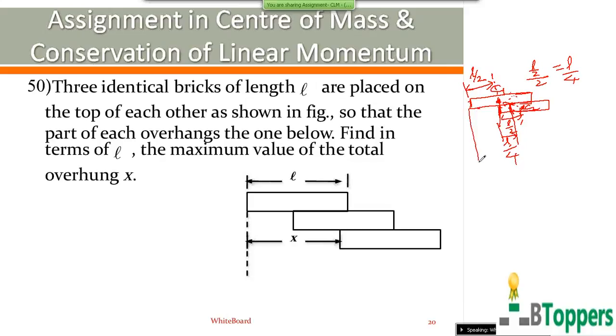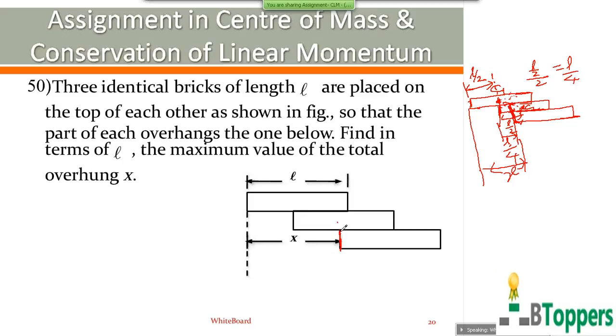Therefore, the maximum value of x for which the blocks can stay in equilibrium is when the center of mass of the system of the top two blocks lies to the right side of the left edge of the third block, the bottommost block. The center of mass of the first and second blocks from the top should not lie to the left side of this bottommost block.